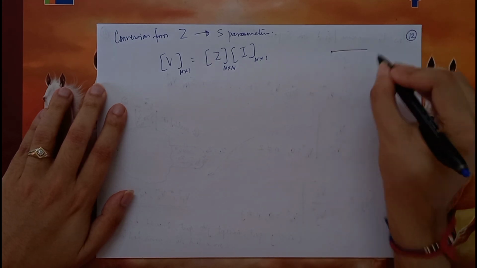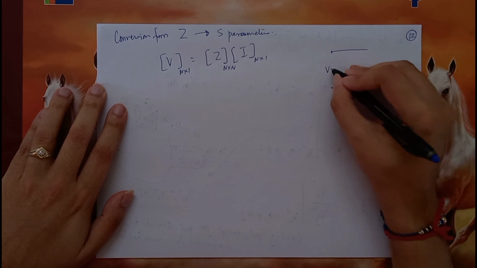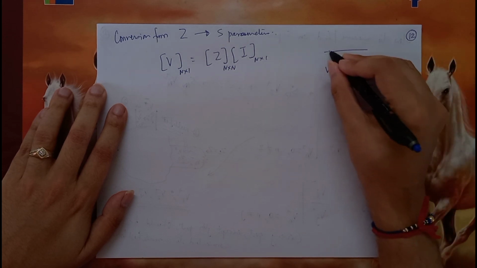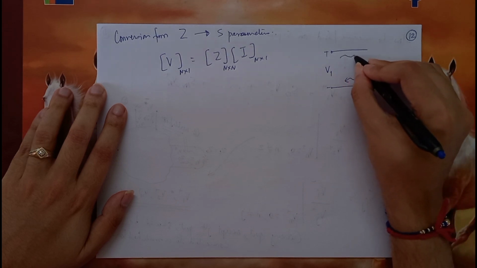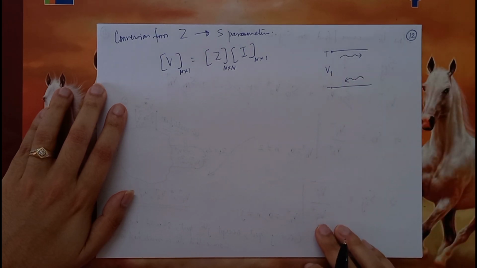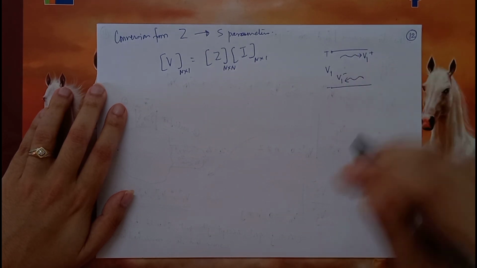Now, if I have a port and say this is the voltage at some port V1, in terms of the transmission line theory, we said that this will have some V1 plus and V1 minus.